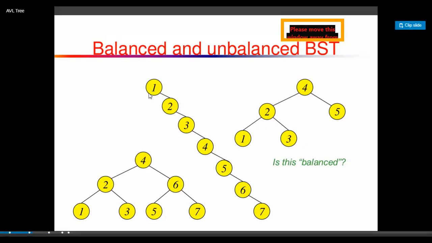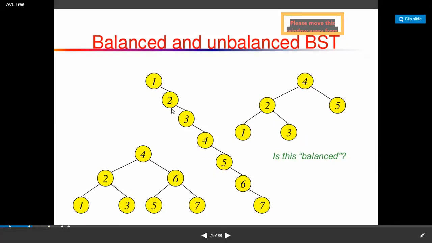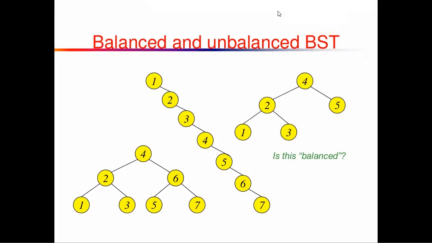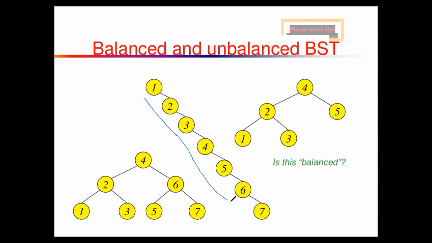The tree is a right skewed BST. That is the right skewed binary search tree that we need to focus on. If I want to search for the element 7 in this tree, I need to check from the first element to the last element.